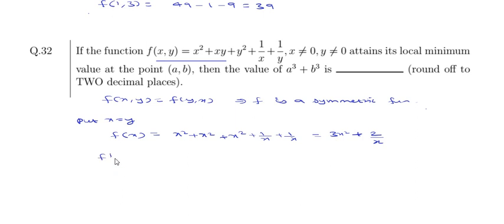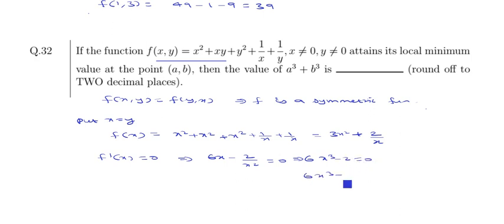Now, as usual, similar to the previous problem, we will find the first derivative and equate it to 0. So this implies 6x minus 2 by x square equal to 0. Therefore we have 6x cube minus 2 equal to 0.